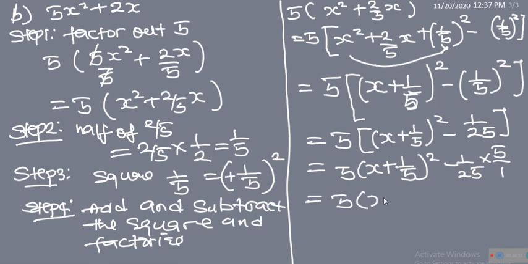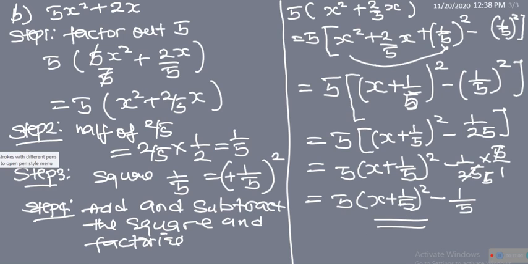So we have 5 into x plus 1 over 5 squared minus 1 over 5, because 5 here will be 5 here 1. And guys, this is a perfect square. If you open the bracket and collect the like terms, you have the question back. So the square of 5x squared plus 2x is complete and it is a perfect square now.